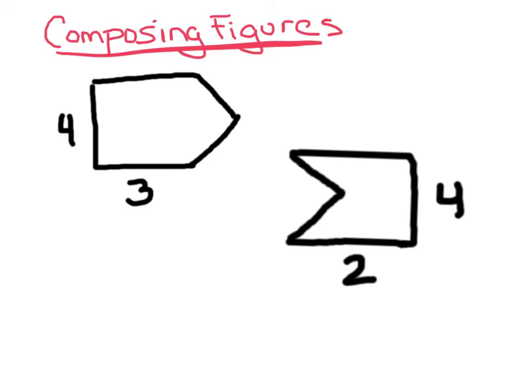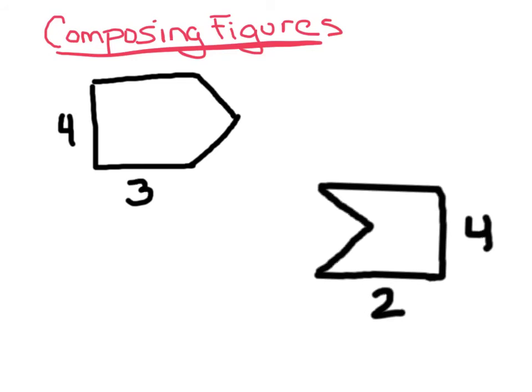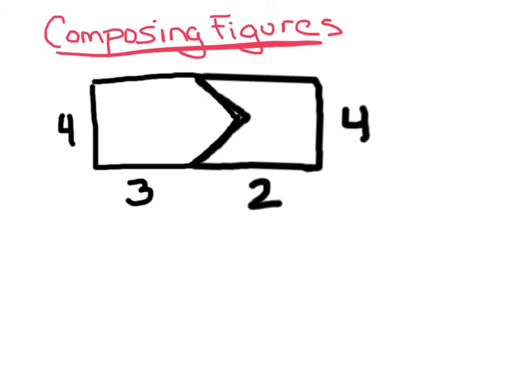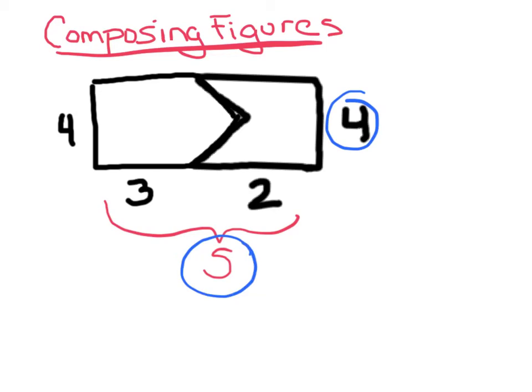So instead of breaking each of them into multiple parts, I'm able to slide these parts together and make one big rectangle where my height is 4, my length is 5. It's a rectangle, so the area is given by 4 times 5, and I get an answer of 20 units squared.